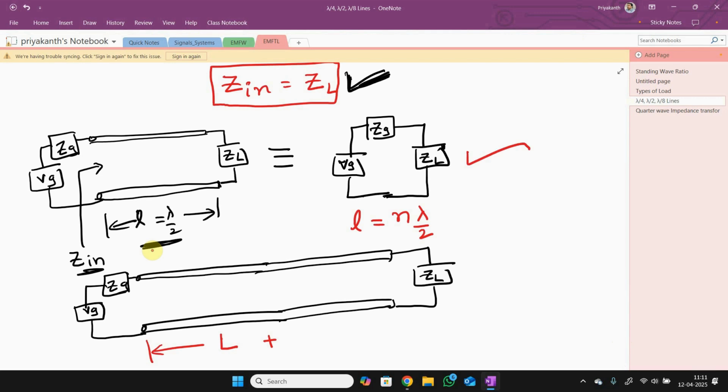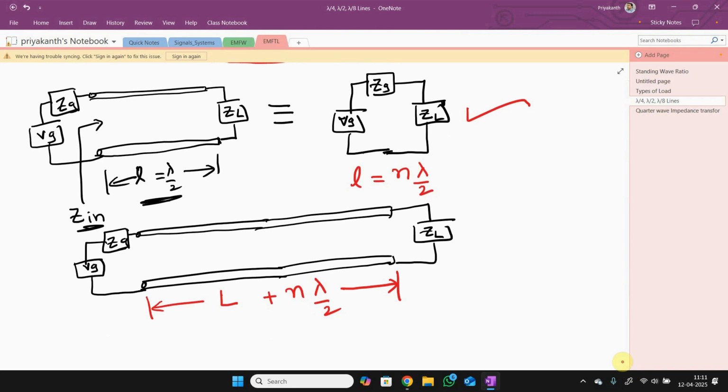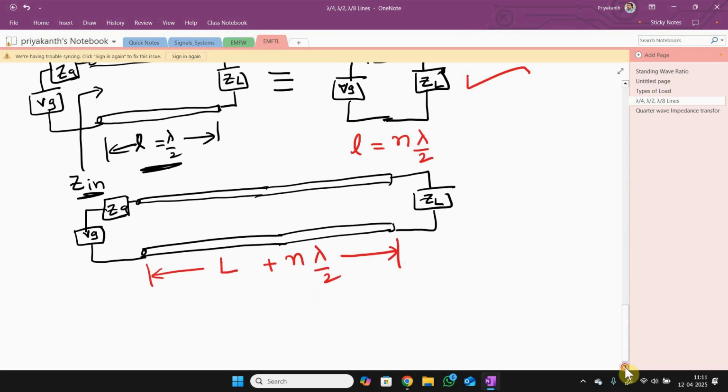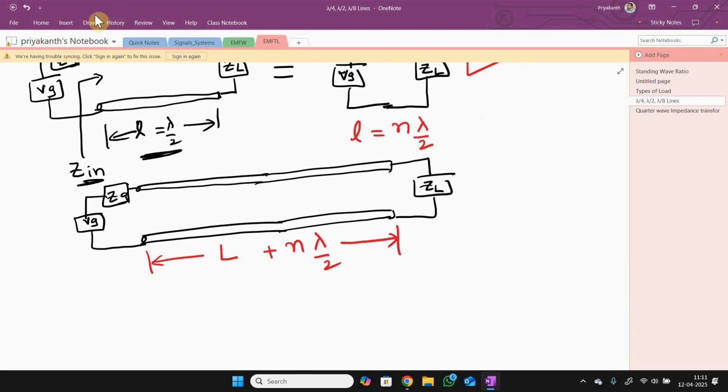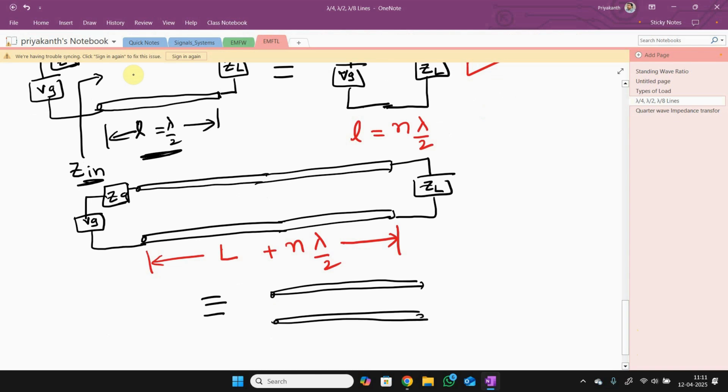Zin is equal to ZL. So whenever I find that the length of a transmission line is some L plus n lambda by 2, then I can equivalently represent that as a transmission line having a length only L, connected to the load on one side and the source on the other side.